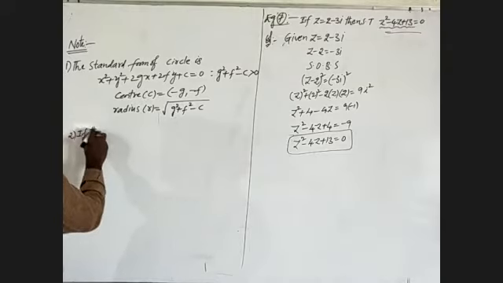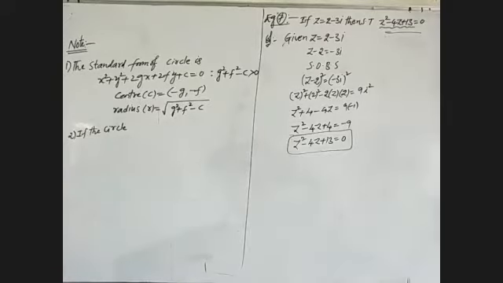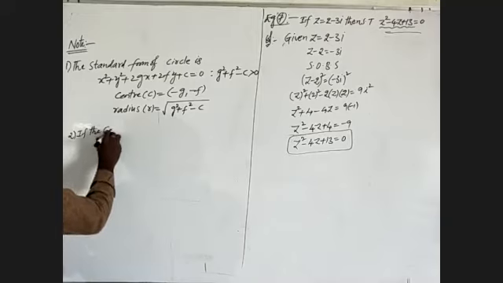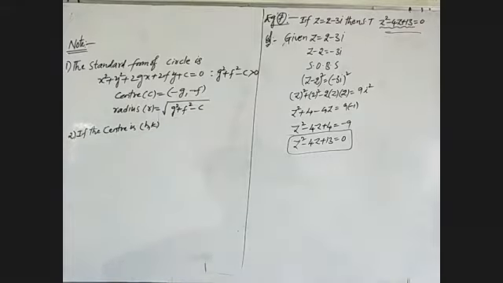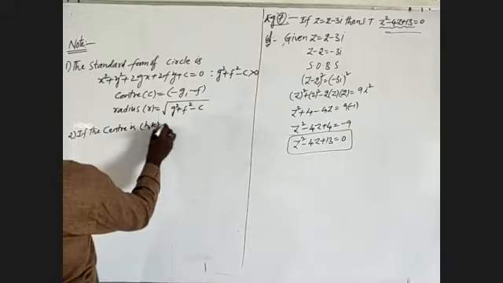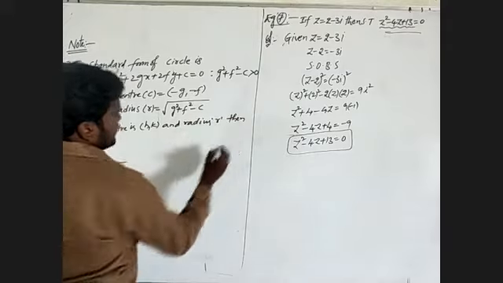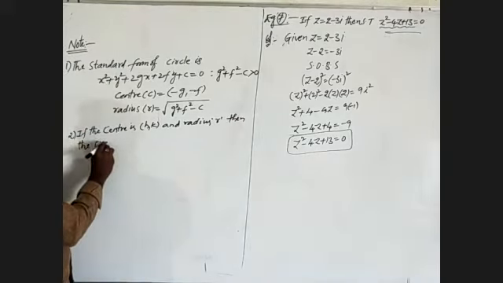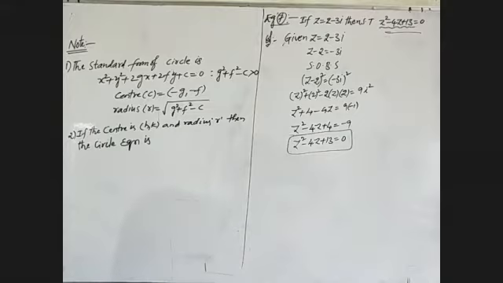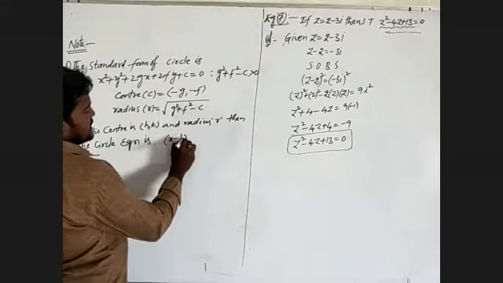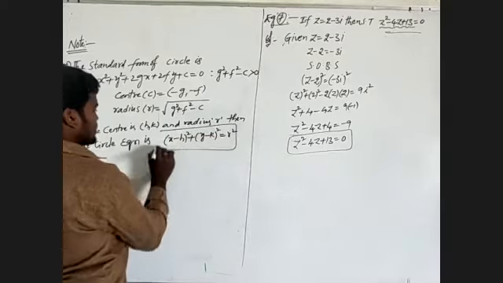Now I am going to the second one. If the center is h comma k and radius small r, then the circle equation, as we already discussed in the previous problem, is x minus h whole square plus y minus k whole square must be equal to r square.